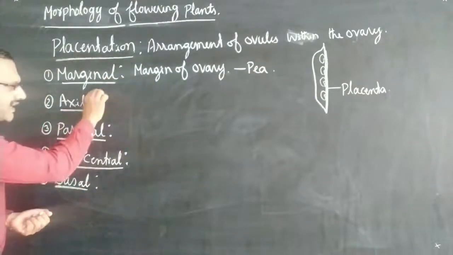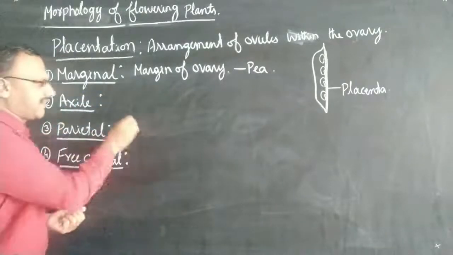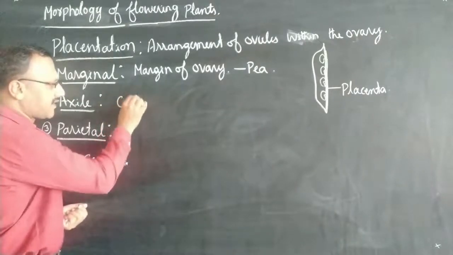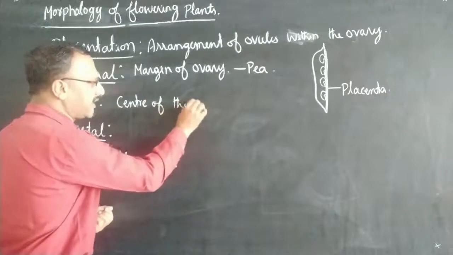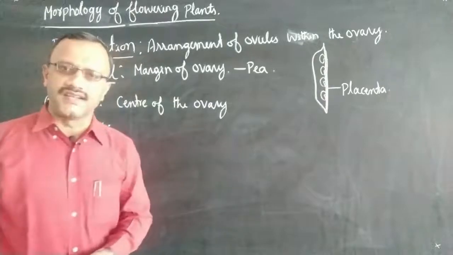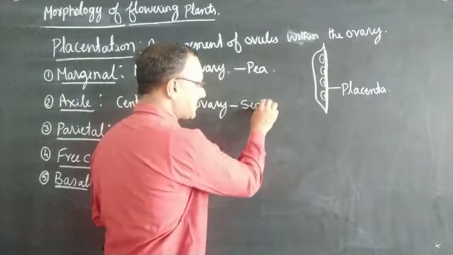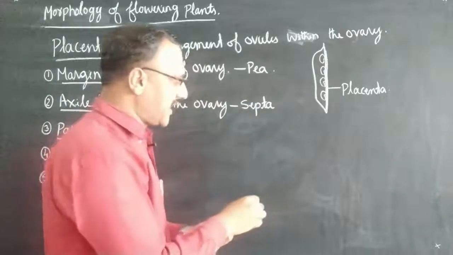Whereas in axial placentation, the placenta occupies the center of the ovary, and it is separated by septa. Let me show one diagram here.